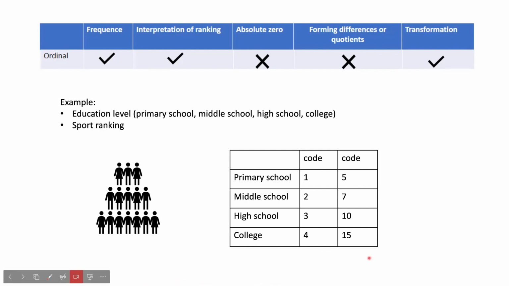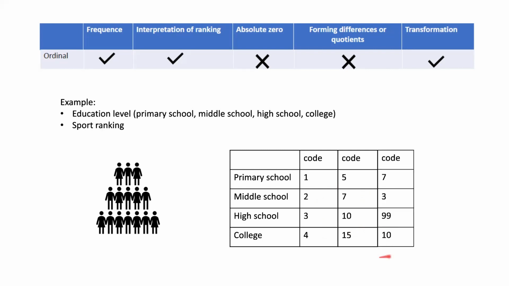As you can see, the difference between primary school and middle school is 2, the difference between middle school and high school is 3, and the difference between high school and college is 5. That means the difference between 2 levels in subsequence could be arbitrary. It is not necessary to keep the same difference between 2 levels.